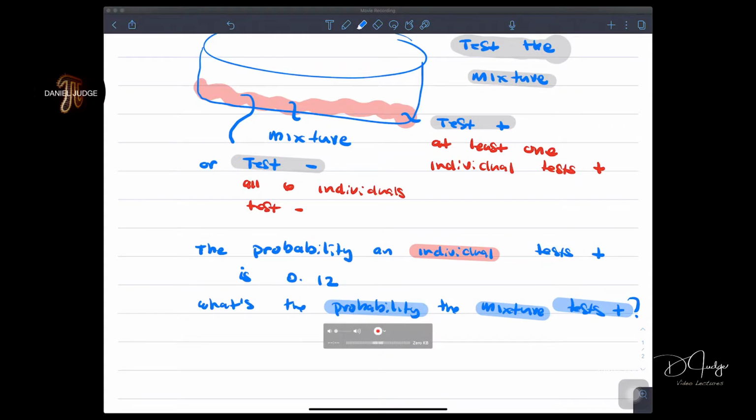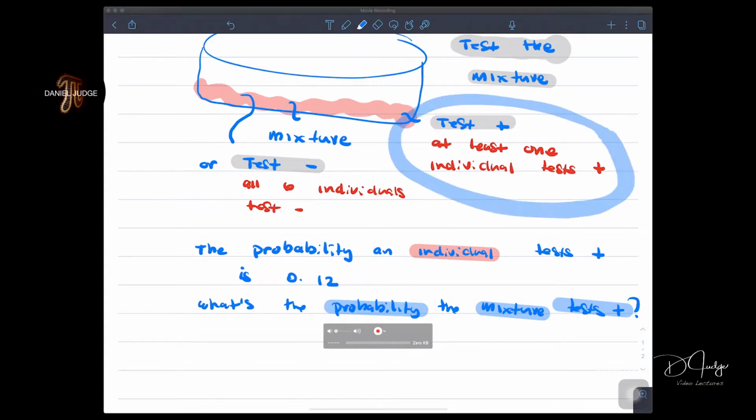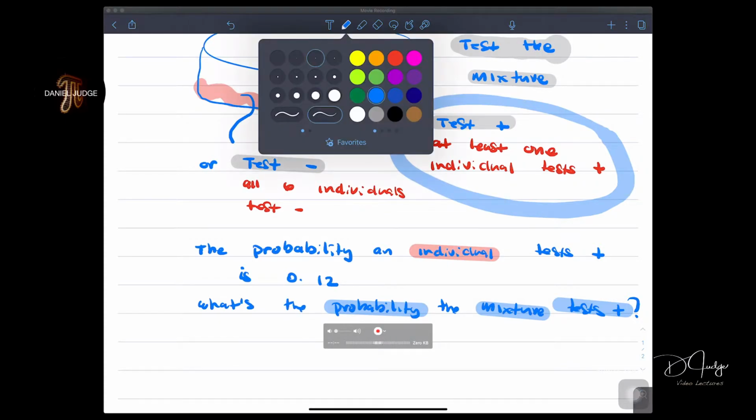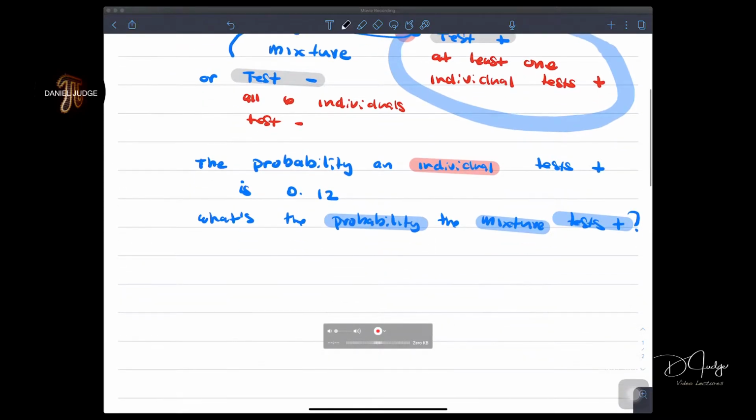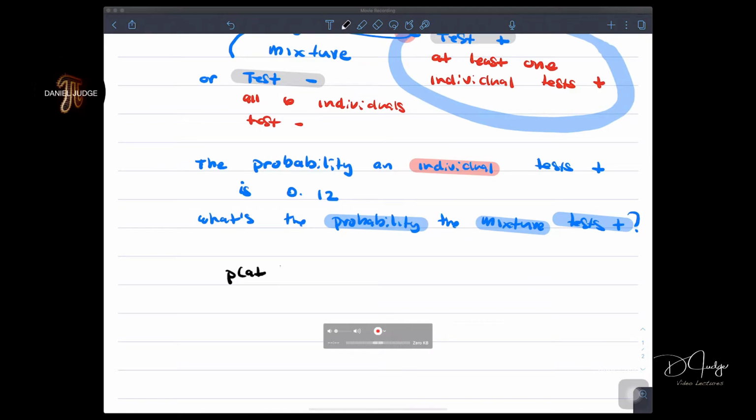So you got to go back over here. Because what you know here, by using the fact we gave you for at least one, and very important fact, is that this mixture only tests positive when at least one person tests positive.